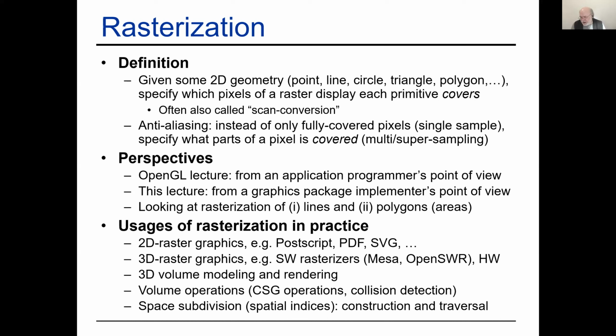Also, volume operations are often accelerated by creating such acceleration structures, so doing CSG operations, collision detection, and spatial indices I already mentioned. So there are many applications where you need to figure out for a 3D grid which objects are where, which need to be inserted where.